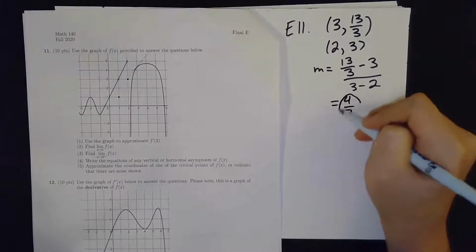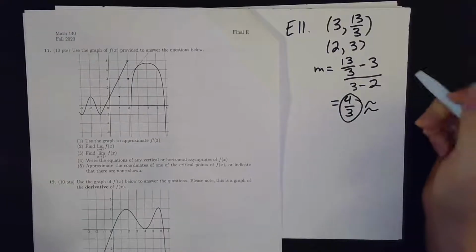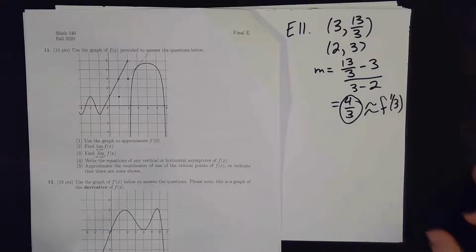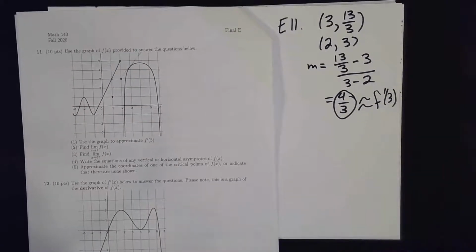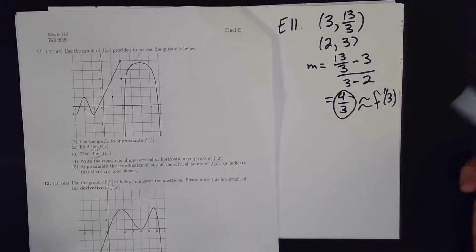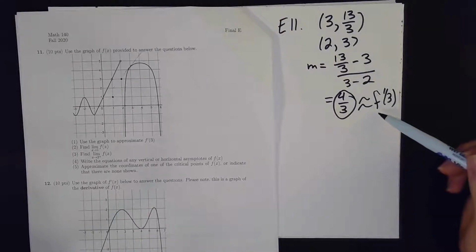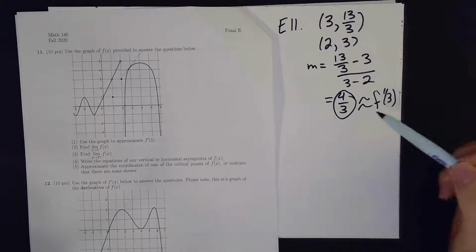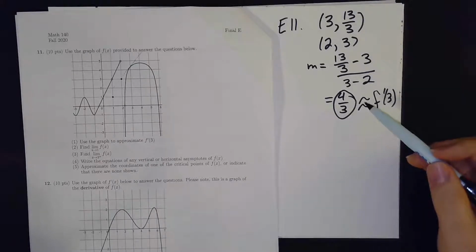Okay, so that was my approximation of the derivative. You might end up a little higher or a little lower, depending on exactly how your line ends up and how you estimate the places that it goes. But you should not be wildly off from this.